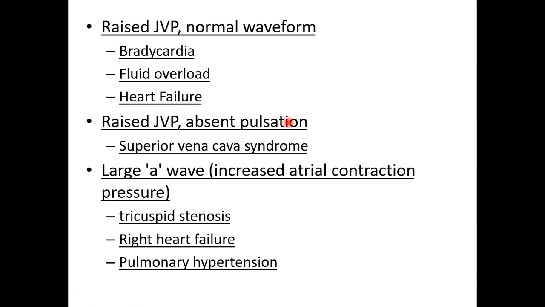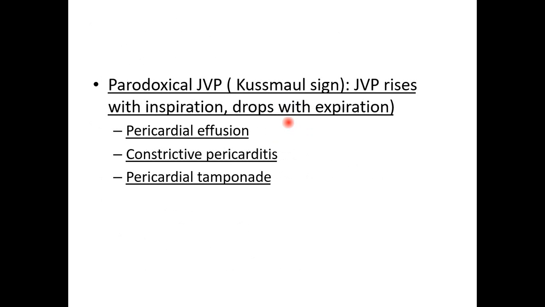A large A wave, increased atrial contraction, when there is a prominent A wave in the jugular venous pulsation, like in tricuspid stenosis, right heart failure, and pulmonary hypertension. Paradoxical JVP, which we just called Kussmaul sign: on the contrary, when the patient inspires the jugular venous pulsation rises with inspiration and drops with expiration, just the reverse of the normal respiratory cycle.